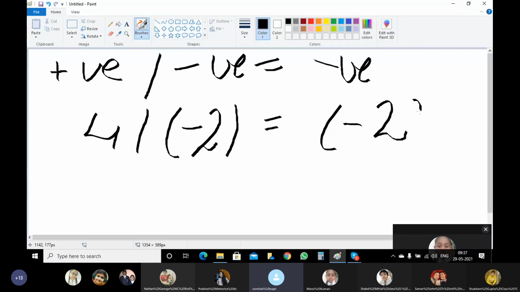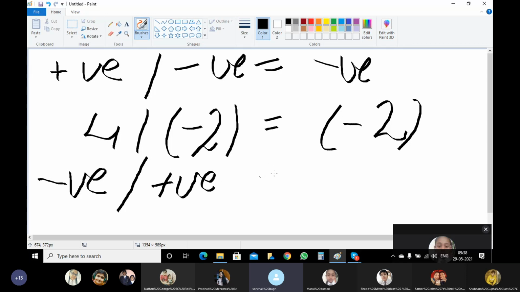Understood this much? Yes, ma'am. Now, just changing, now the numerator is negative and the denominator is positive. So what will be the sign now? Negative.